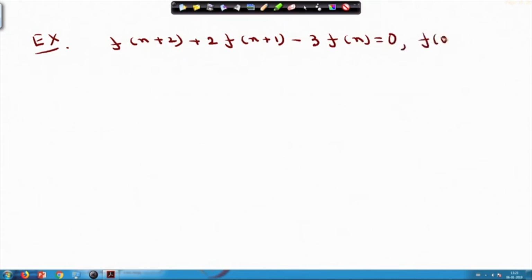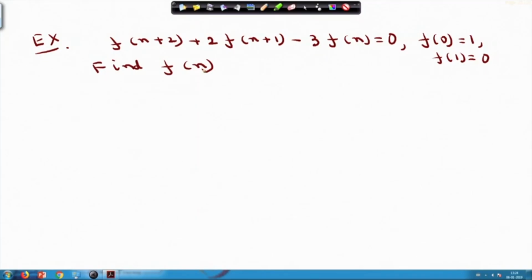Also, it is given f 0 equals 1, f 1 equals 0. So, one equation in terms of a function of n is given, where f 0 equals 1, f 1 equals 0, and we have to find out what is the value of f n.